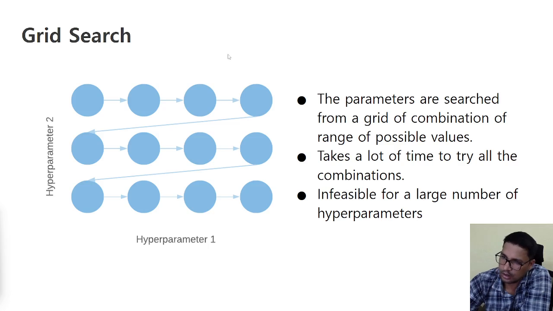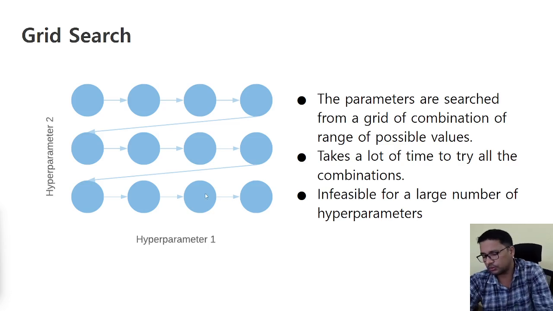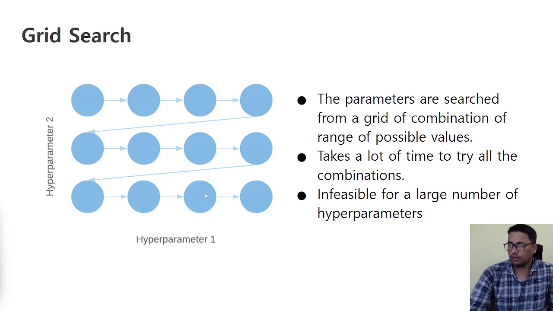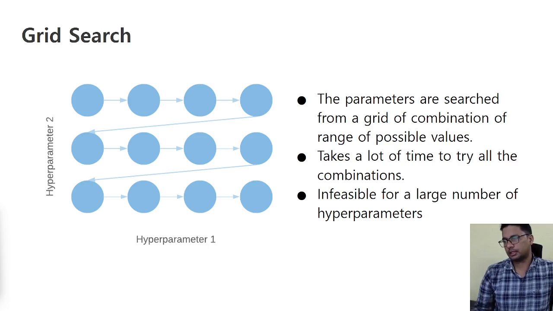One of the methods to select the hyperparameters could be a grid search. In this search, we first make a pool of all the hyperparameters, then we manually set all the hyperparameters and check one by one.